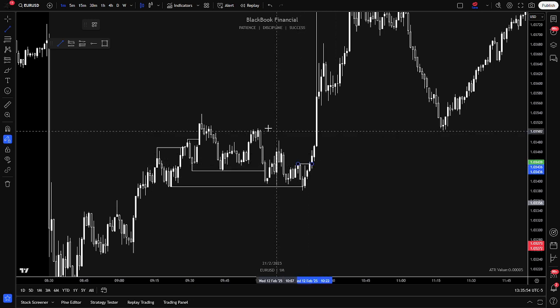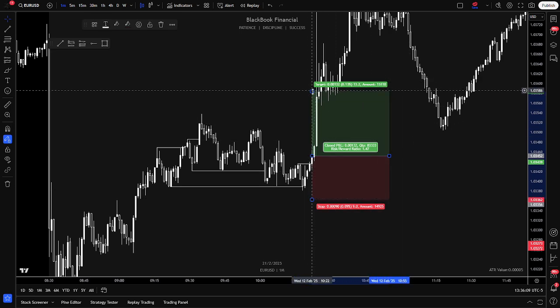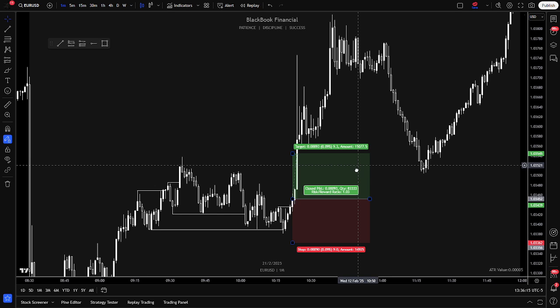Internal shift of market structure, and then market takes off, right? Plain and simple. We enter on our market structure shift with our protected low, ATR value factored, and then simple 1-to-1. And as you can see here, for example, our take profit got completely obliterated.